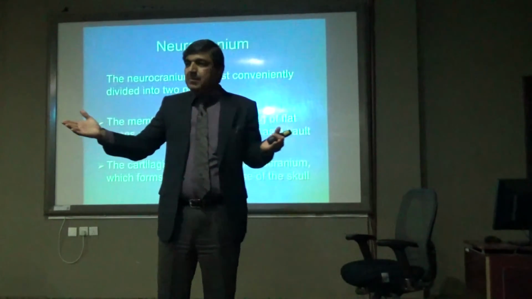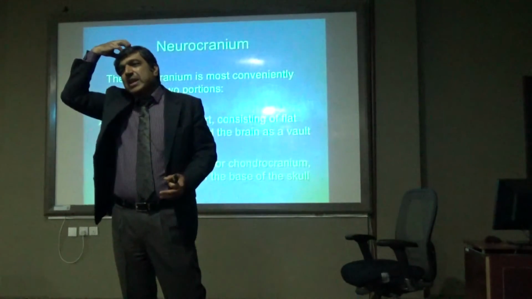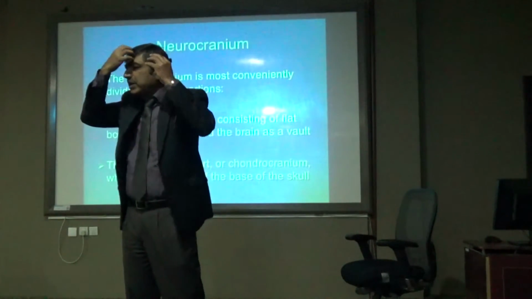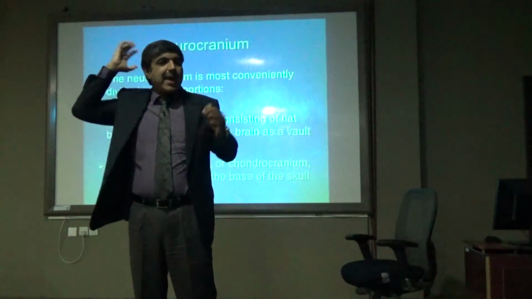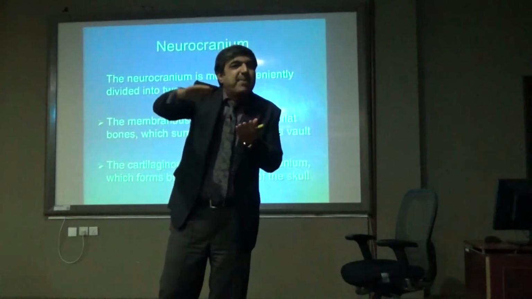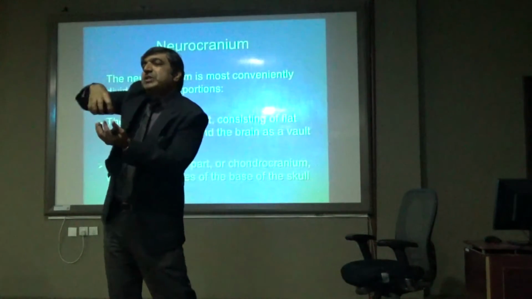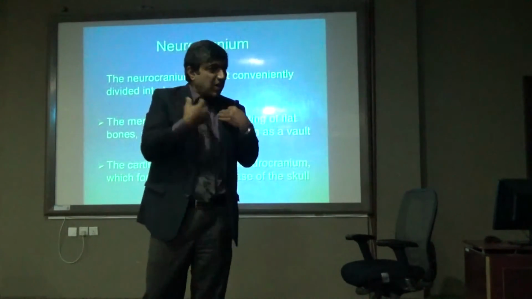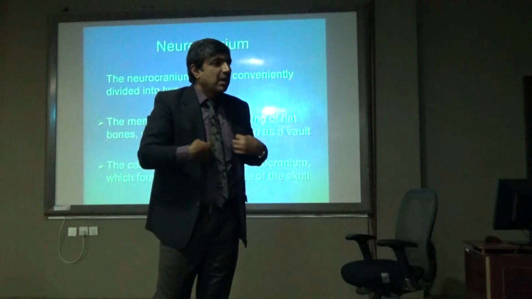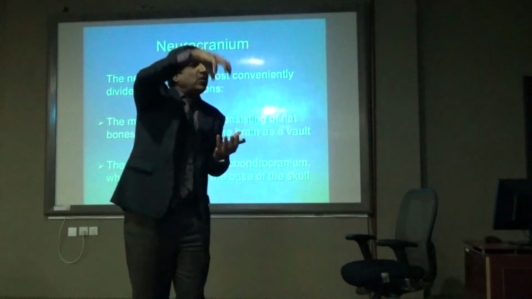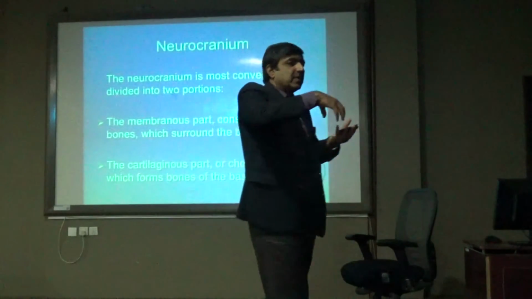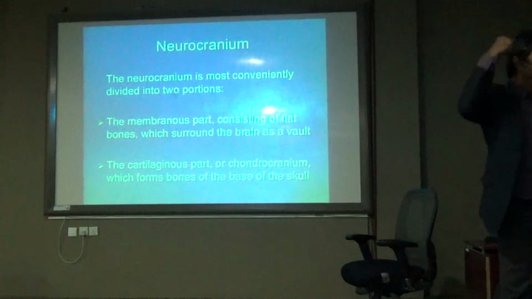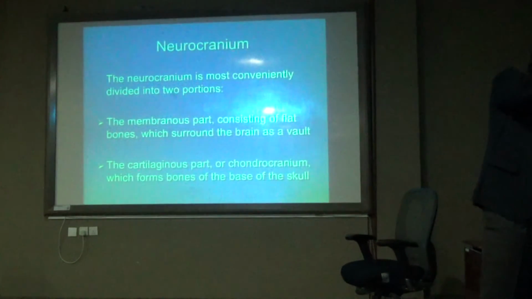Have you seen the base of the skull? So this neurocranium we divide into two portions. The one which has these bones, parietal bone, frontal bone, occipital bone. And the next portion, the base of the skull on which the brain sits. Got my point? Ask me. Your brain is sitting on something, isn't it?